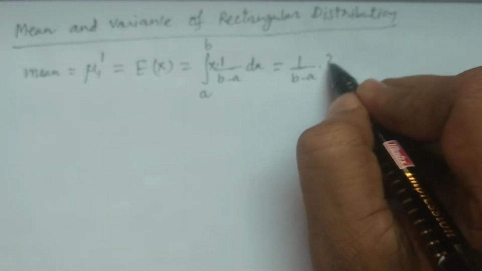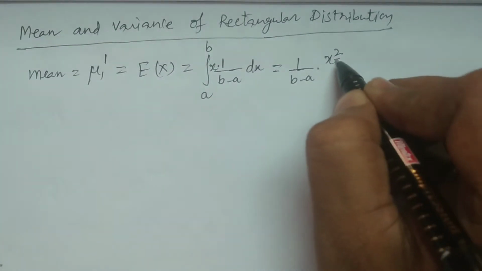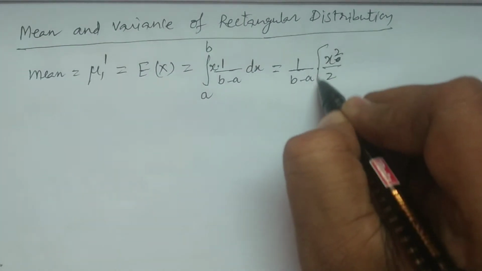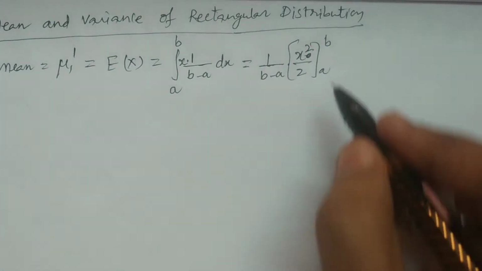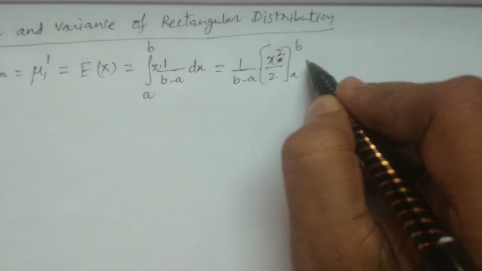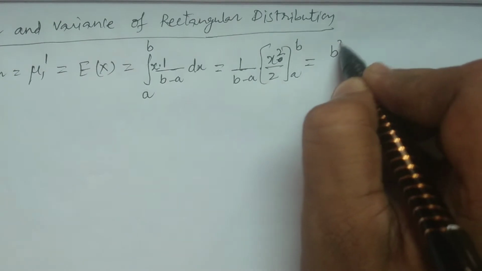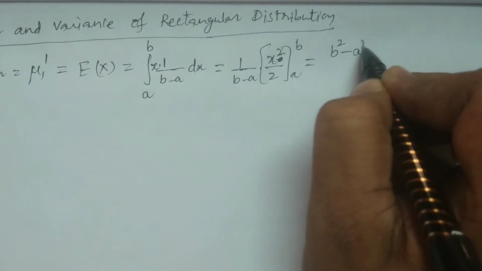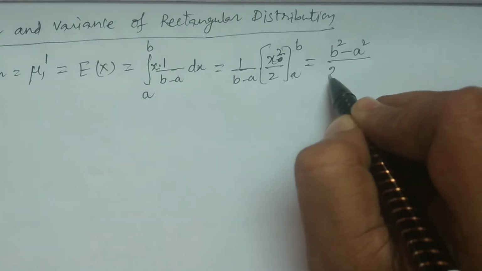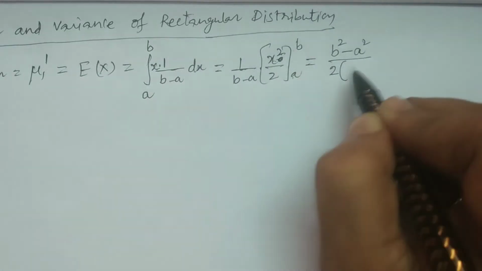The integration of x is x square by 2, between the limits a to b. If you substitute the limits, it is upper limit b square minus lower limit a square, divided by 2, multiplied by 1 by b minus a.